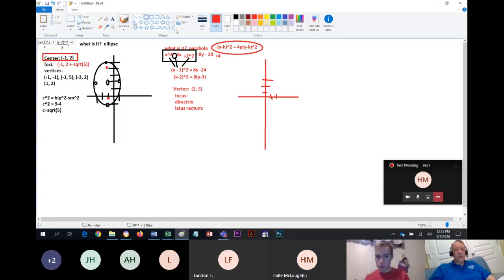Now, this is going to be my vertex. I'll put a little circle there just to keep that as a placeholder. Okay. Now, how do I find my focus? Well, I'm going to finish drawing this, I think. Maybe this might be a bad idea, but I'm going to draw my parabola. It's going to look something like that.